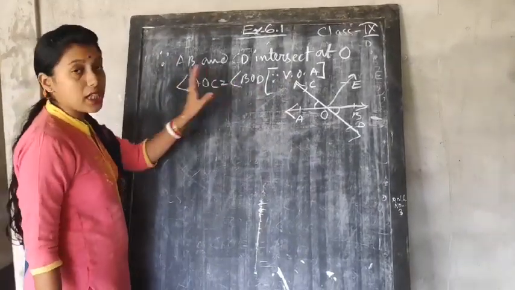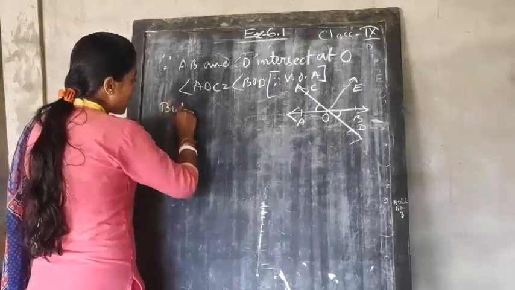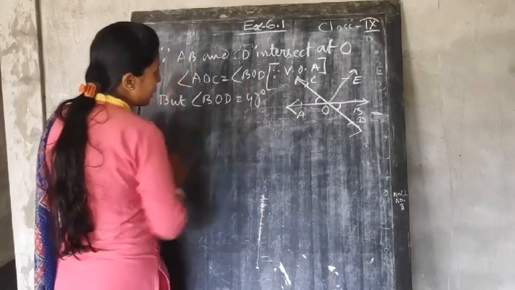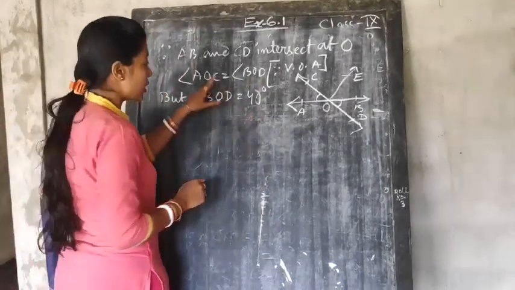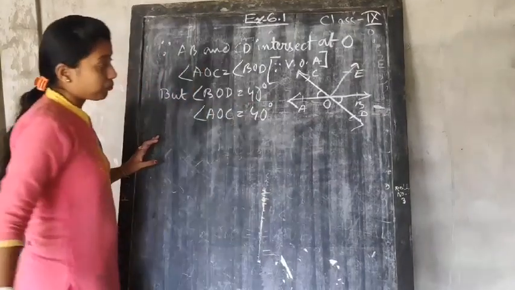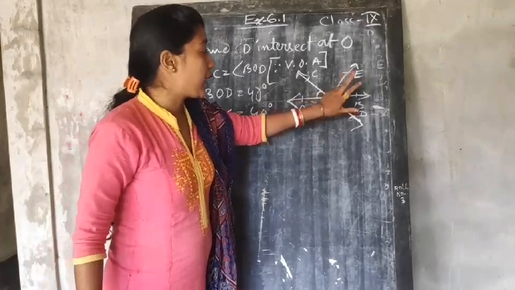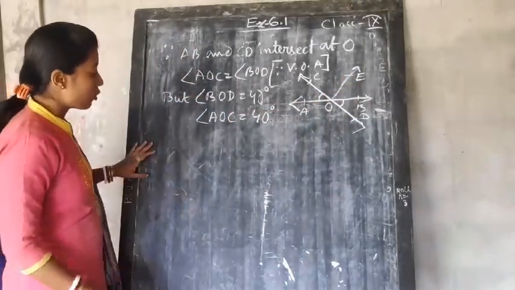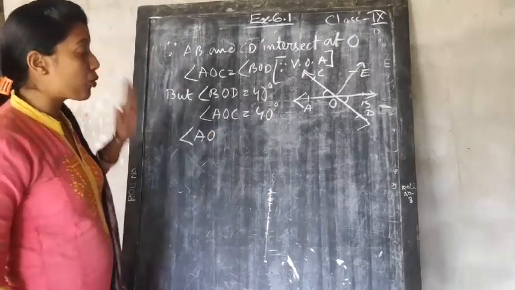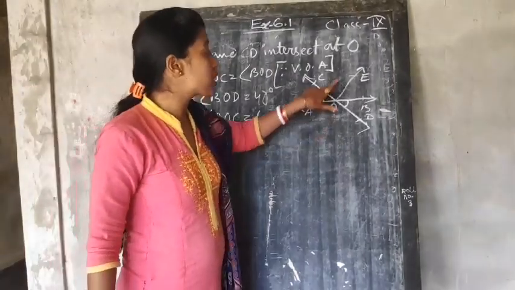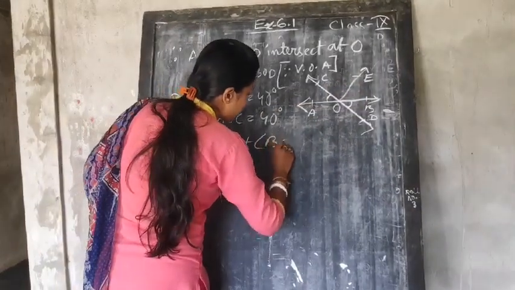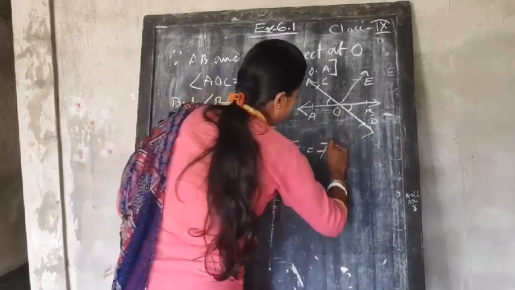Now your angle BOD is given. How much was given in your question? 40 degrees. So since angle BOD is 40 degrees, angle AOC will also be 40 degrees. Now you will find out angle BOE. In your question you have the value of angle AOC plus angle BOE equal to 70 degrees.